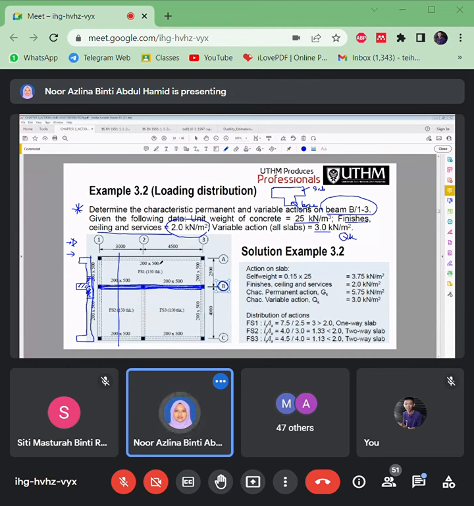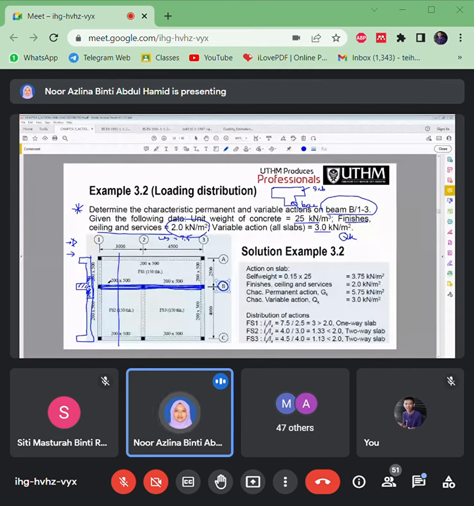Okay, so nak tahu dia punya distribution, you have to know whether this slab or this slab is one way or two way slab, right? You have to distribute the load from the slab. So kalau ni dia punya length which is ly, which is 7.5, for this beam here. Okay, for this area 7.5 divided by 2.5.